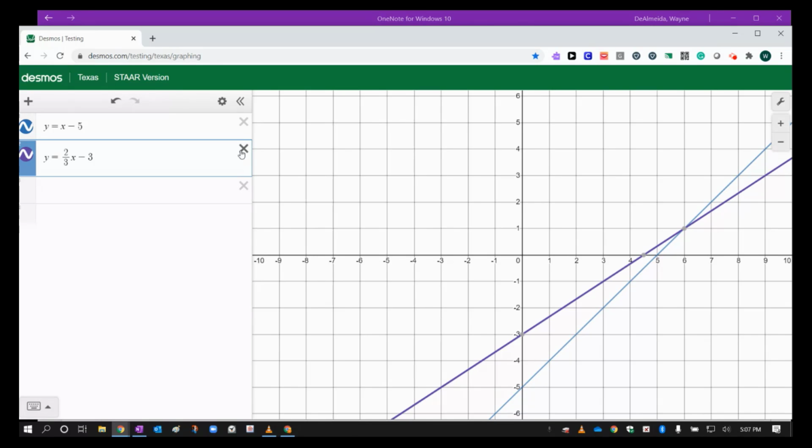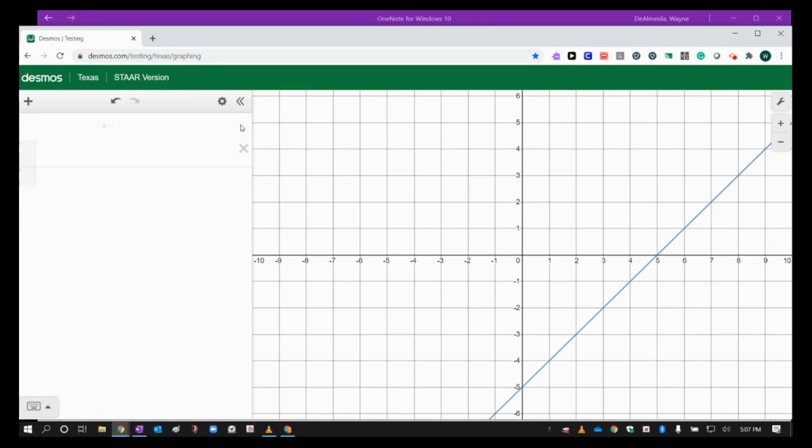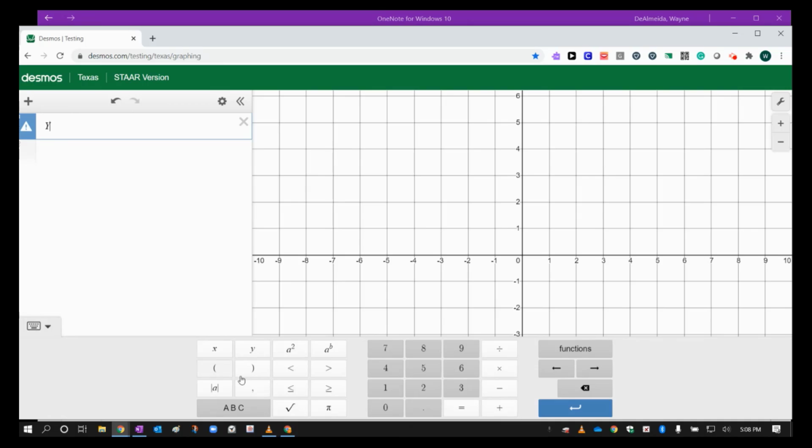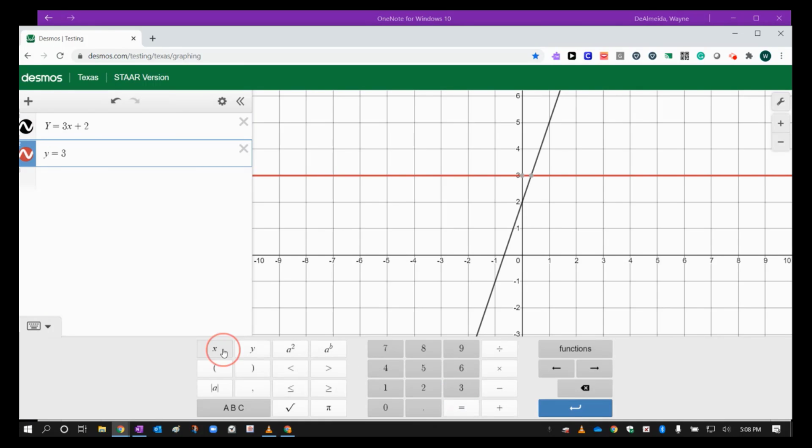Now, for this next problem, I'm just going to erase the previous problems and write the first equation, which is y equals 3x plus 2. Then I enter the other equation, y equals 3x plus 2.